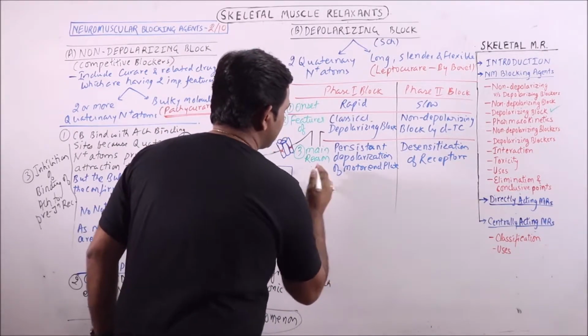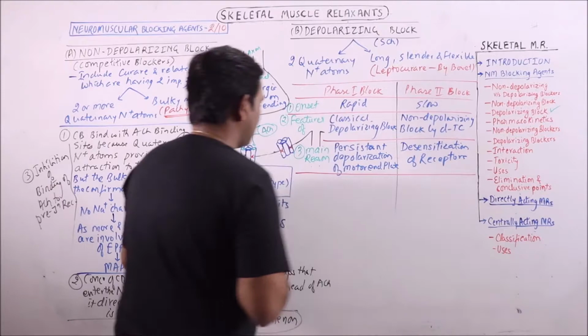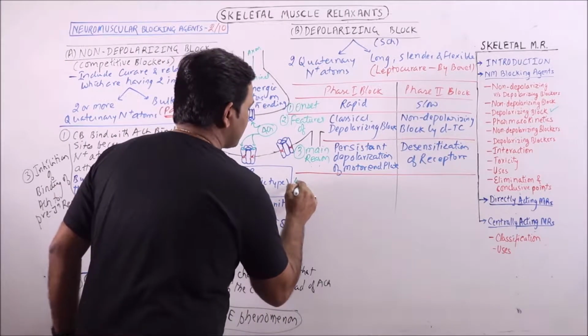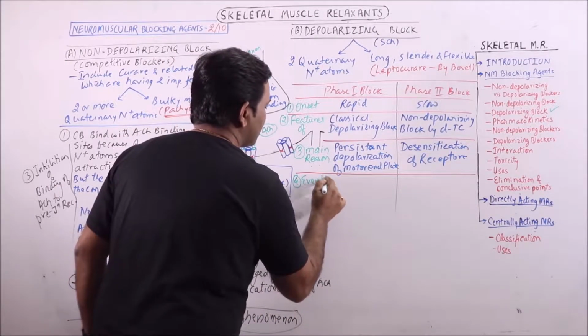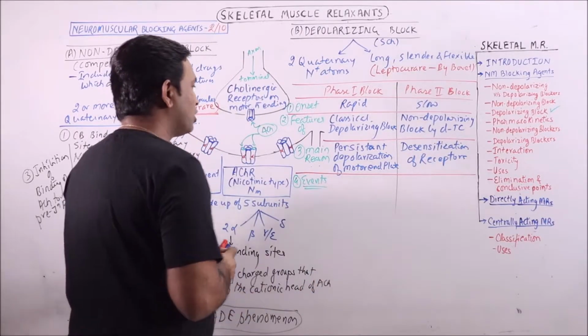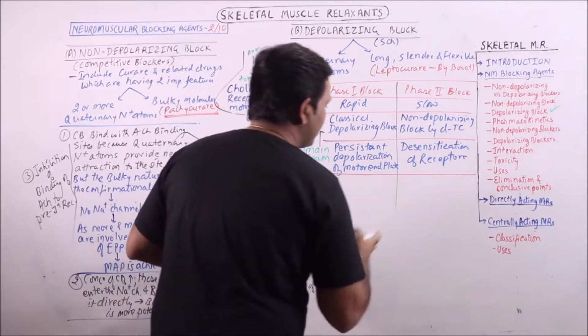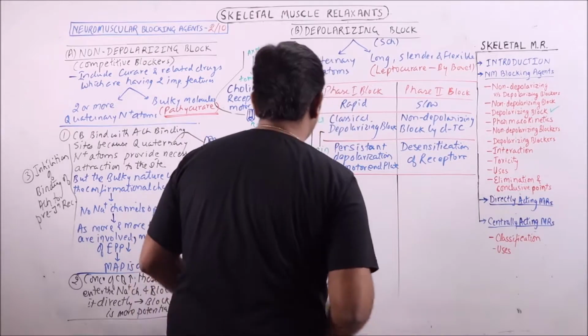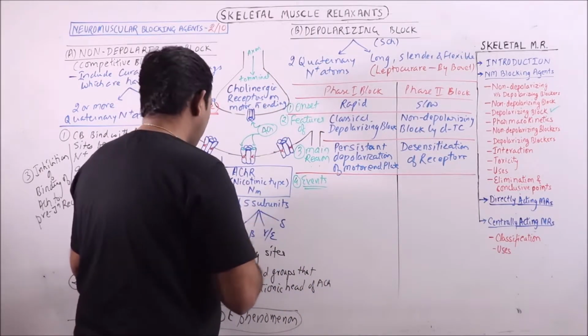Now the events. What are the various events occurring during these types of blocks? First, phase 1 block.